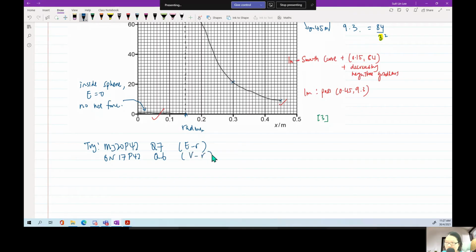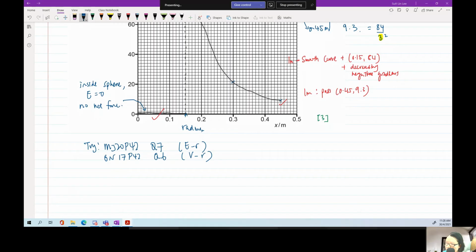Okay, this is a V-R graph or a V-X graph. So make sure both graphs are okay. They are fairly similar in nature. Maybe I should do one, but no need. I will move on to the next one so we can end hopefully at a reasonable time.